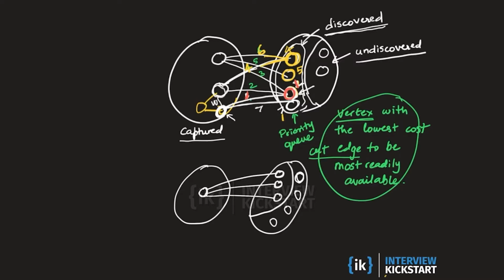So that's the analog of what we are doing to these vertices. Every time we see a cut edge going to a vertex which already exists in the priority queue, but that cut edge has a lower cost weight than the priority value of that vertex, we have to decrease the priority value to be equal to the weight of that cut edge.